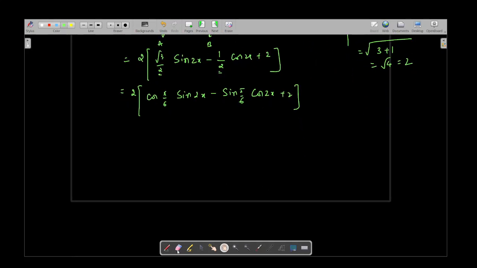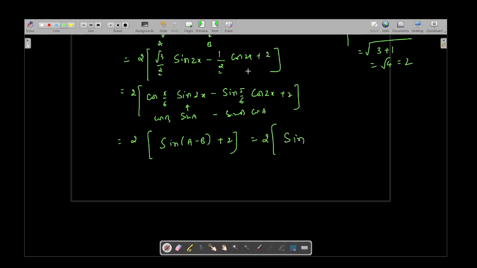Now we can see this is sine a cos b minus cos a sin b, which is sine of a minus b, plus 2. So this is actually 2 times sine of a, which is 2x minus pi by 6, plus 2.